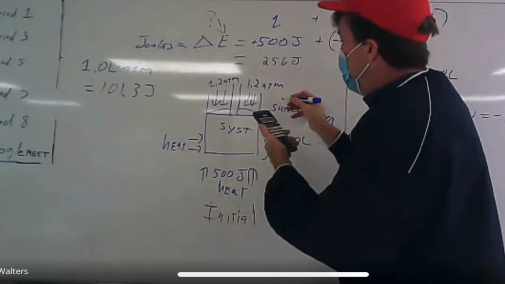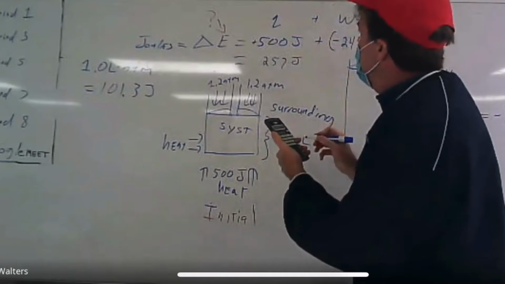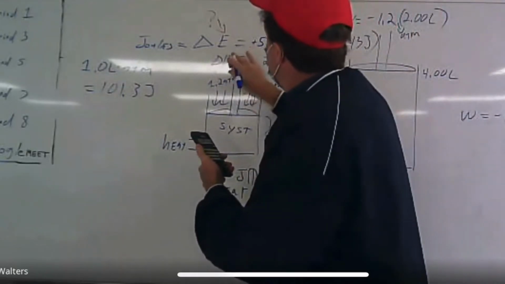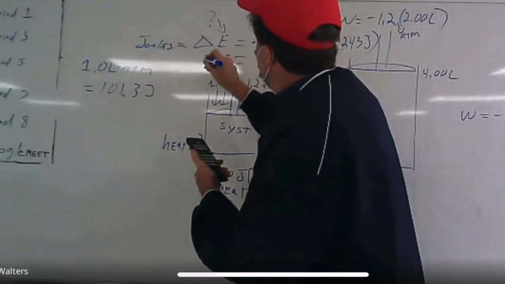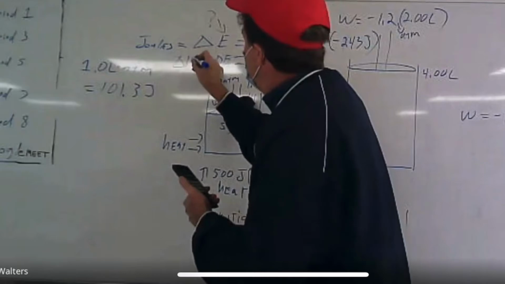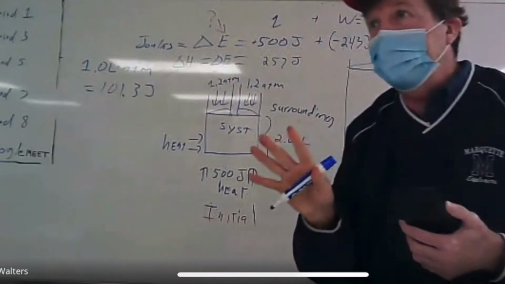We'll put a 257 for sig fig purposes. So there's our change in internal energy. And that's our change in enthalpy, because we're treating the two identically, even though technically they're not.